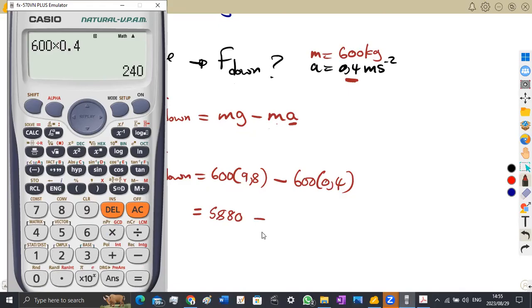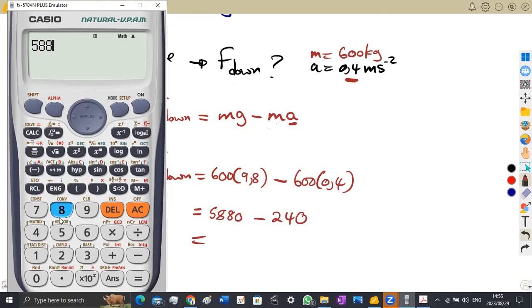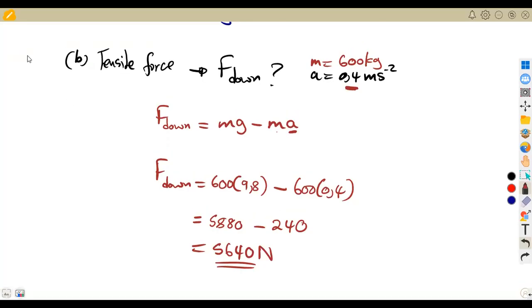That will be 240. So you're going to subtract 240 in that case. All right, so 5,880 minus 240 is going to be 5,640. So this is the force, meaning the tensile force measured in newtons. As long as we're talking about force, go back to the newtons.